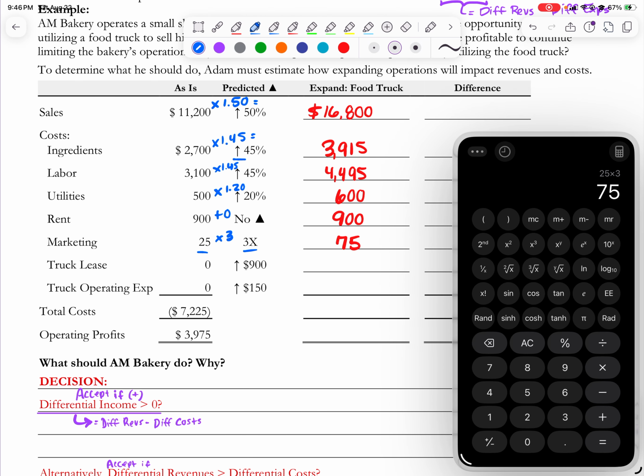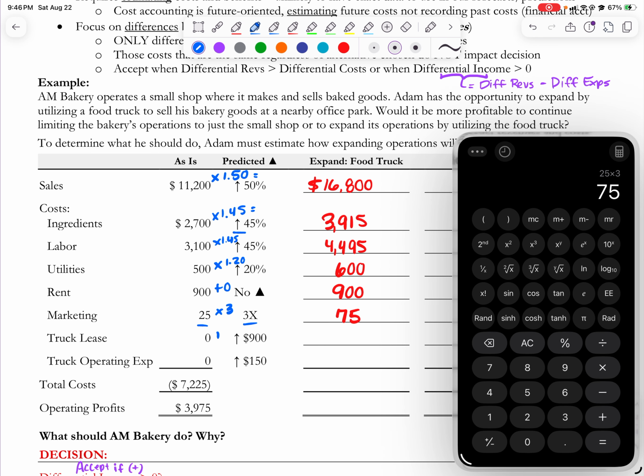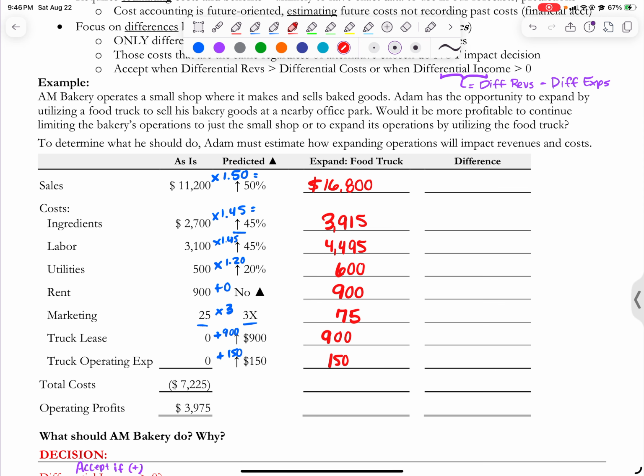Before I had no truck lease, but now it's going to go up $900. So 0 plus 900. Truck operating expenses had none before, going to go up 150. So add 150 there. So my truck lease cost is now 900. Truck operating expenses projected to be 150.